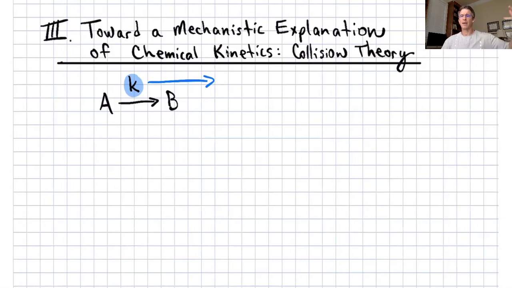If the rate constant's big and the units are like seconds, it's going to happen fast, right? If the rate constant magnitude is much smaller and the units are in hours, it's not going to happen very frequently, right? The probability of the transition is low. So that instinct then leads us to start thinking about what would govern those probabilities, right?